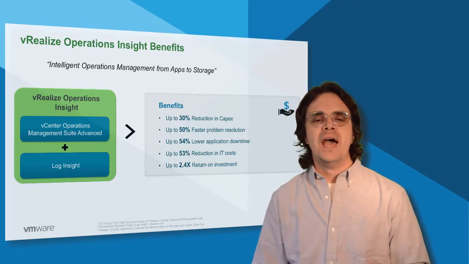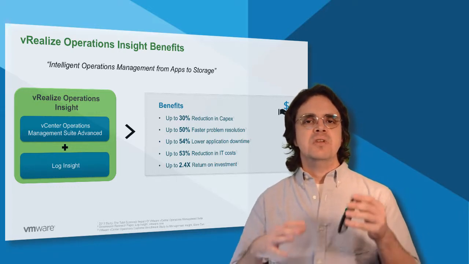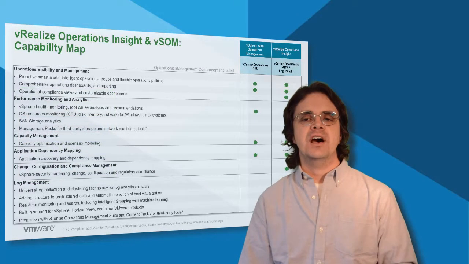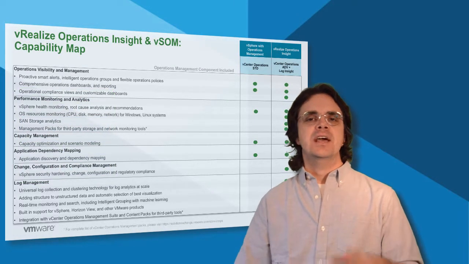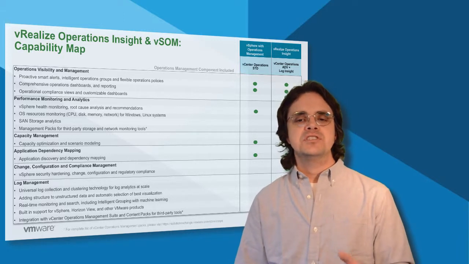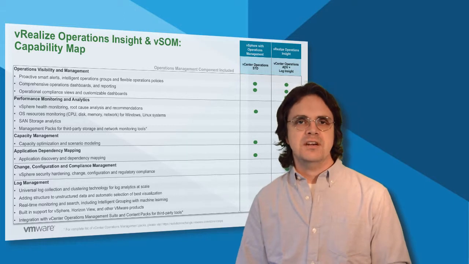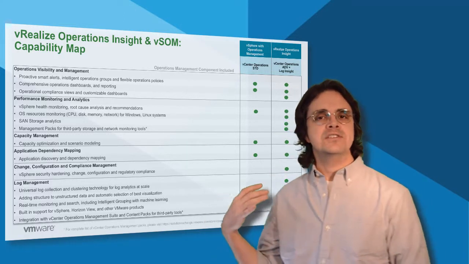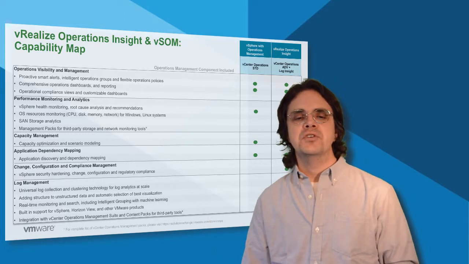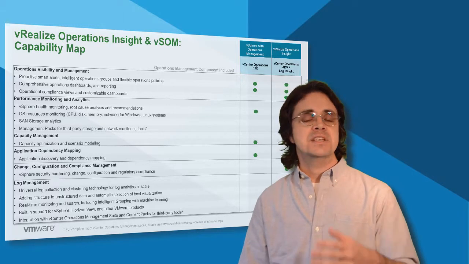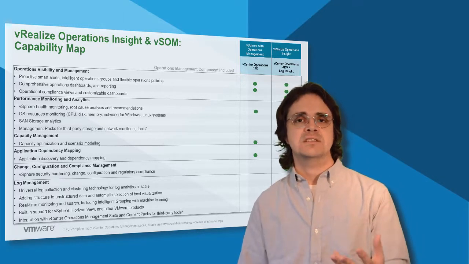So if we look at a compatibility map and what these different features do inside of Operations Management and Operations Insight, again, I think it's pretty clear. Inside of Operations Management, you're getting the core functionality of vSphere with Operations. But as you move over into Operations Insight, you're also getting the ability to look at SAN storage analytics and management packs, because again, you're moving into advanced.